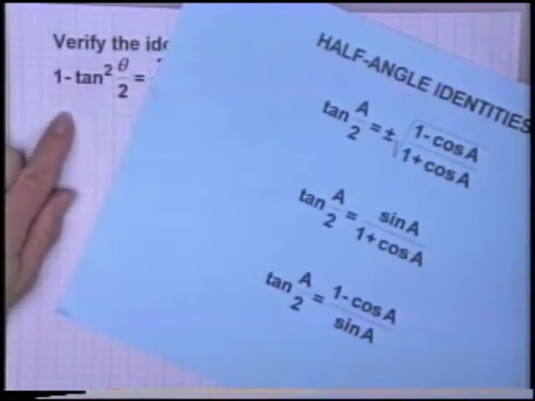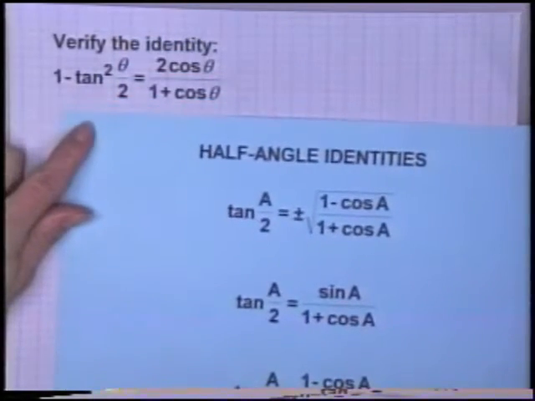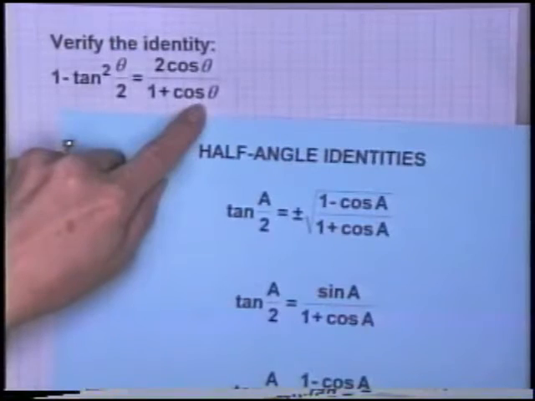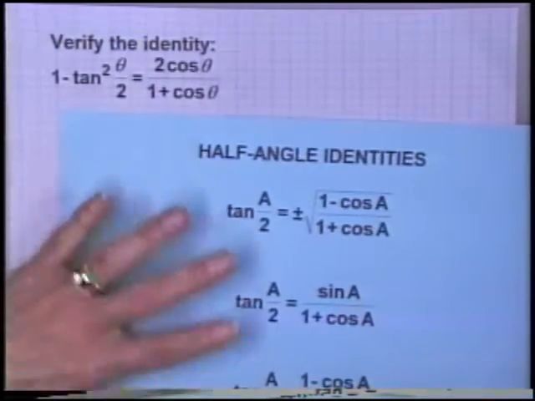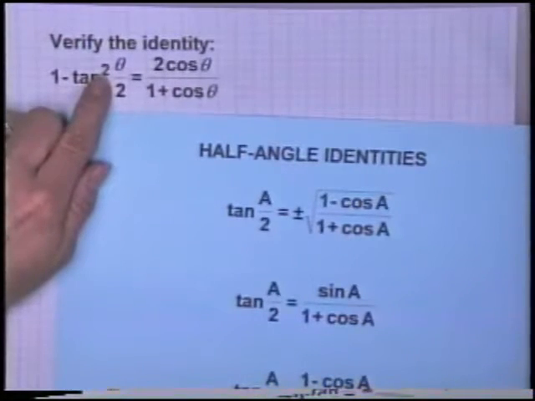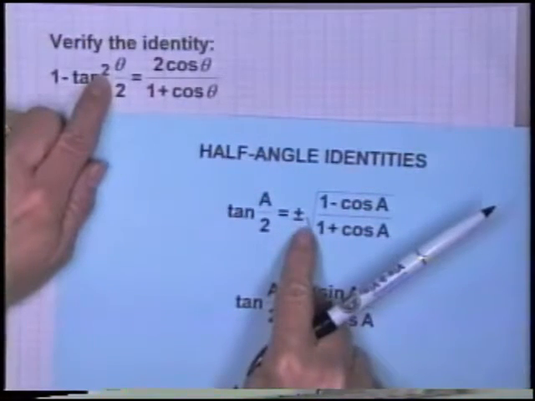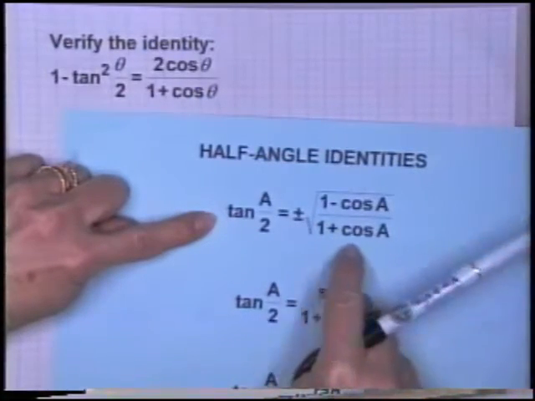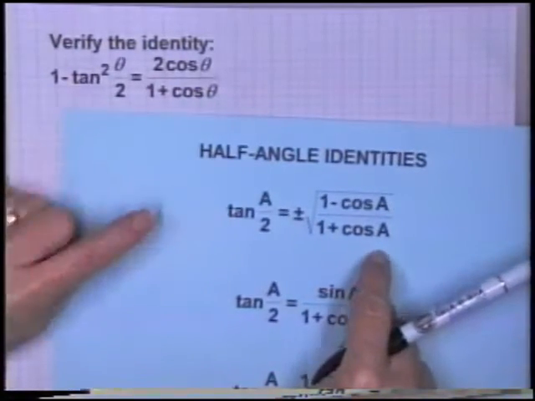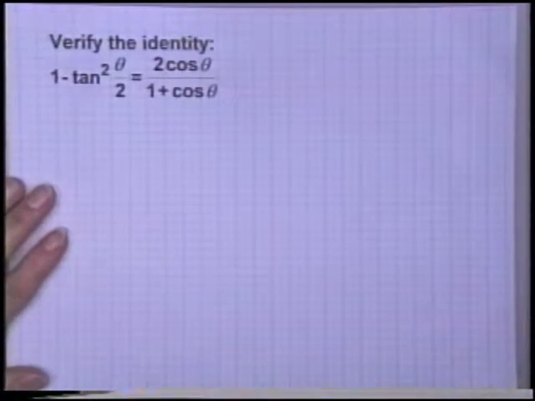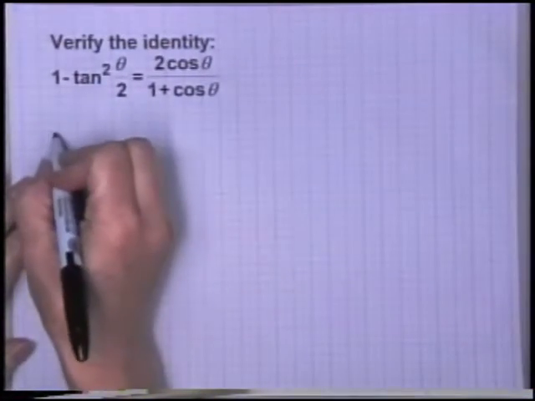So with those things in mind, let's take a look at what we're wanting to show here. I'm wanting 2 cosine theta over 1 plus cosine theta. Well, I have a feeling any of these identities would work, but I'm sort of thinking ahead. If I square and remove this radical on this identity, I'm going to have 1 plus cosine right down there where I want it. So let's start with this left-hand side.